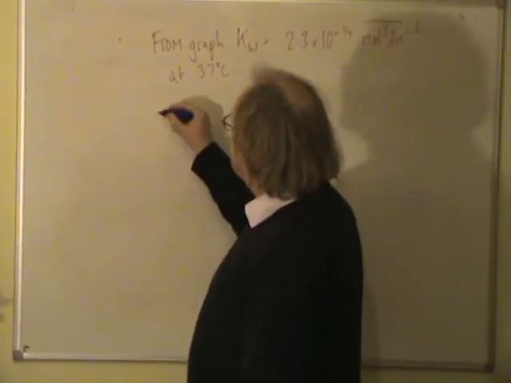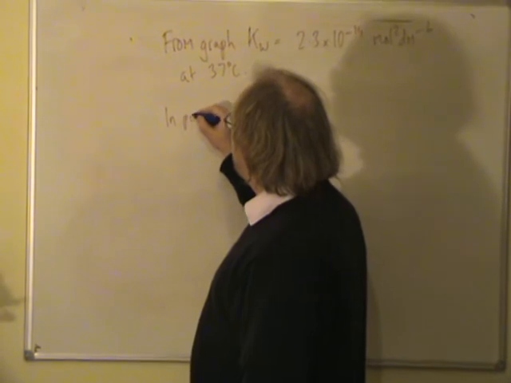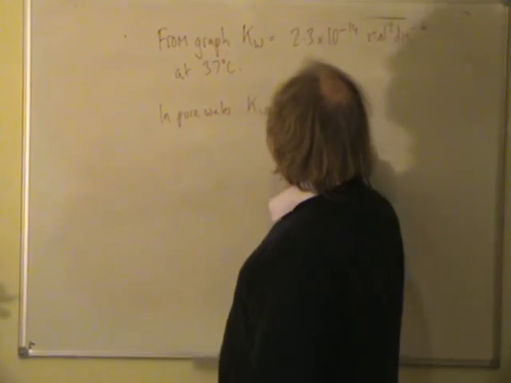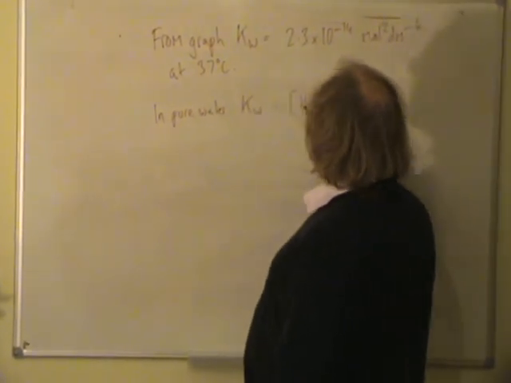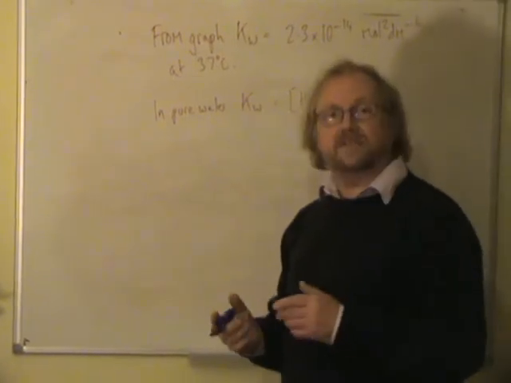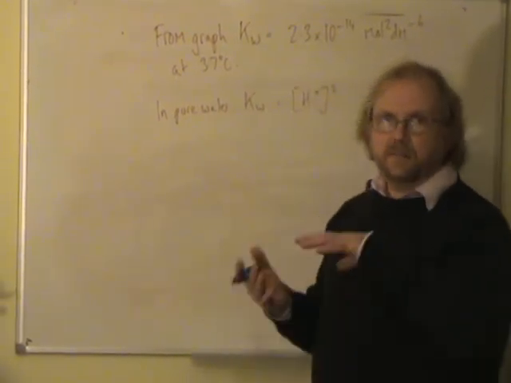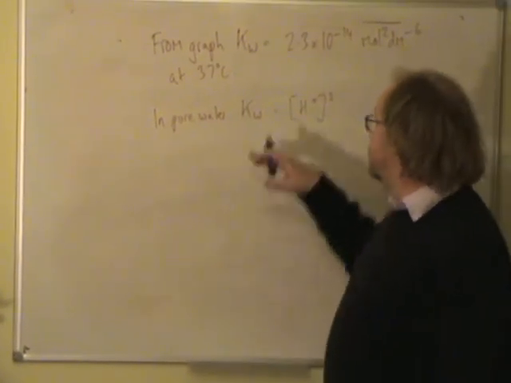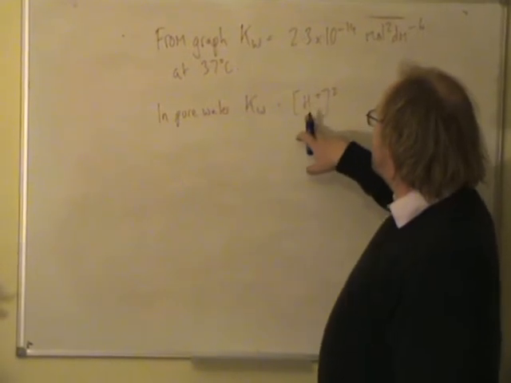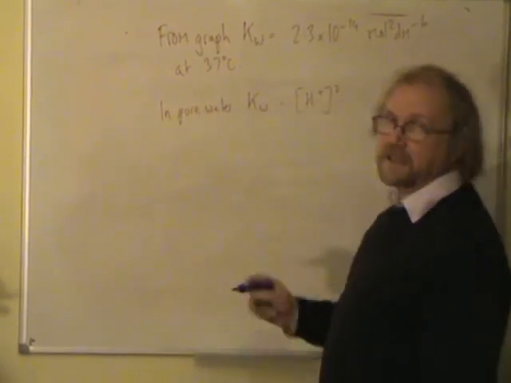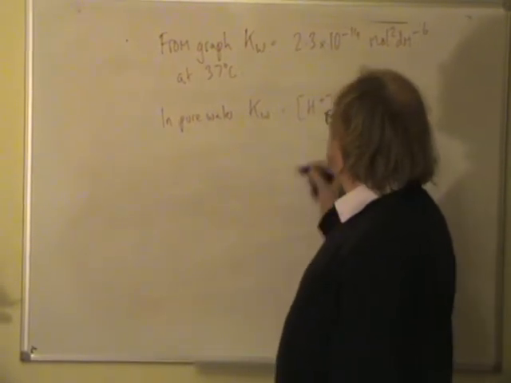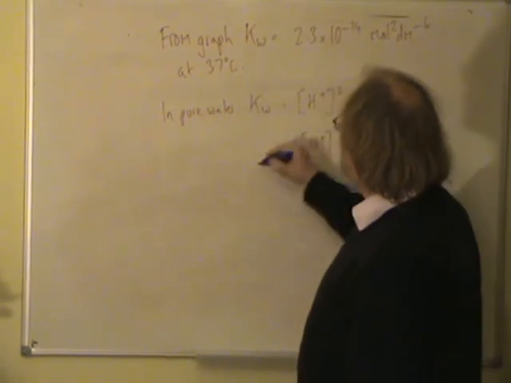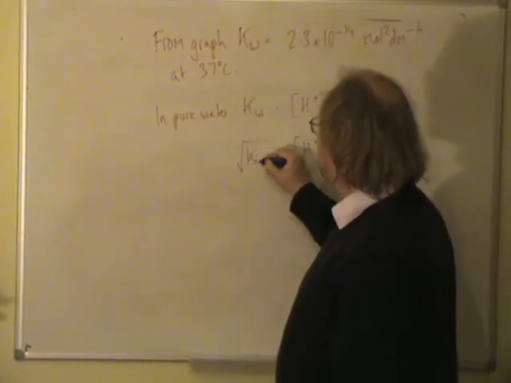And remember that in pure water, which is what we've got here, and only in pure water, Kw is equal to H plus squared, because the H plus concentration and OH minus concentration are the same, because every time water ionizes you make one of each. So provided you haven't added anything else to the solution, the two concentrations are the same, so H plus times OH minus is the same as H plus squared, and therefore the H plus concentration is just the square root of Kw.